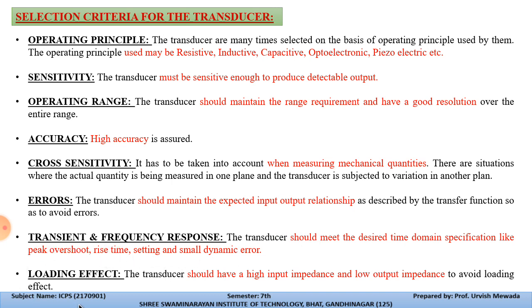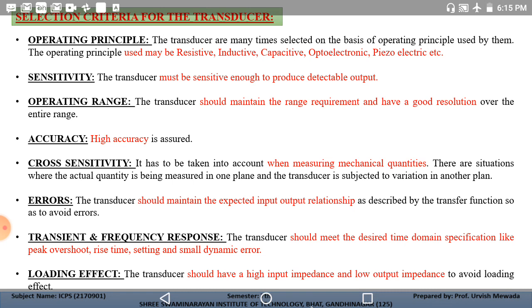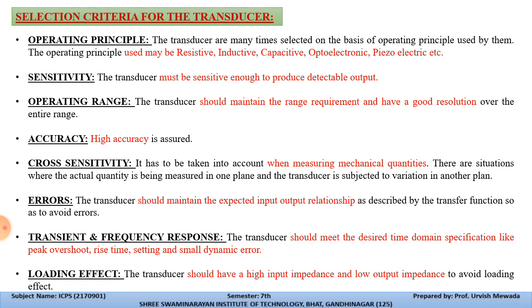Now the loading effect. It describes the impedances of the input side and output side. At the input side we should keep a high input impedance, and at the load side we should keep a low impedance. The reason for the high impedance at the input side is so that it does not load the source, so that the proper input can be given to the transducer.